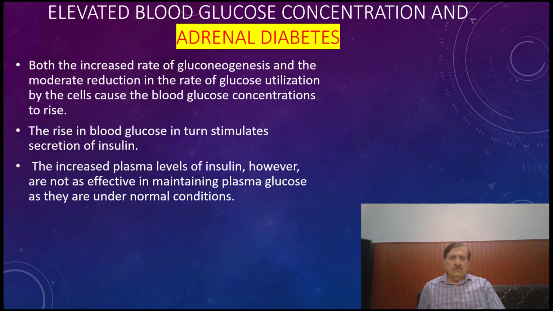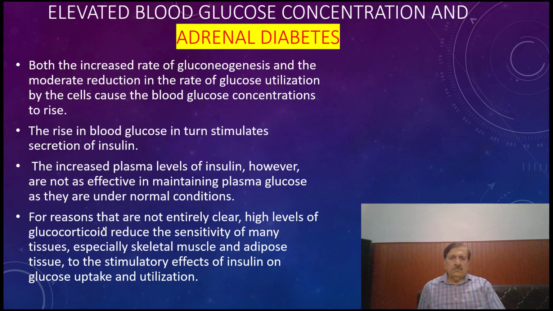But in adrenal diabetes, the increased level of glucose is not brought down to the normal level by insulin. For reasons that are not entirely clear, high levels of glucocorticoid reduce the sensitivity of many tissues, especially skeletal muscle and adipose tissue, to the stimulatory effect of insulin on glucose uptake and utilization.